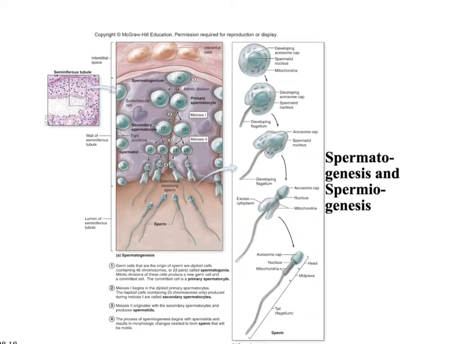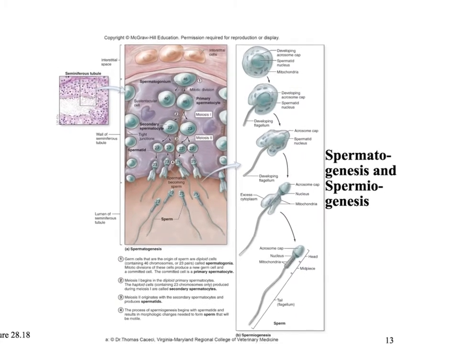Okay, so the process is really split into two parts, spermatogenesis and spermiogenesis. What we're talking about is producing a haploid cell, and spermiogenesis is the second part of that. Spermiogenesis is part of the overall process of spermatogenesis.